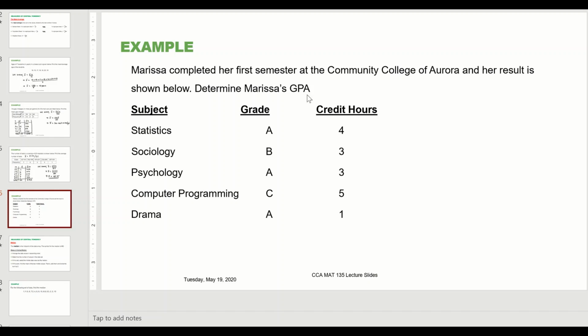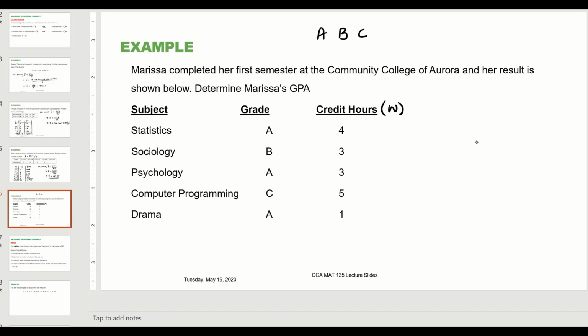So we have to find the average. Credit hour is the weight, so you can mark that as W. The letter grades are A, B, C.